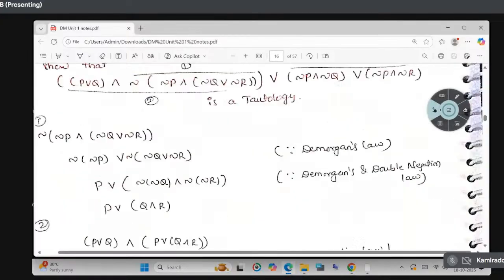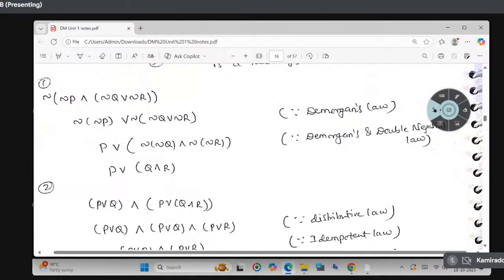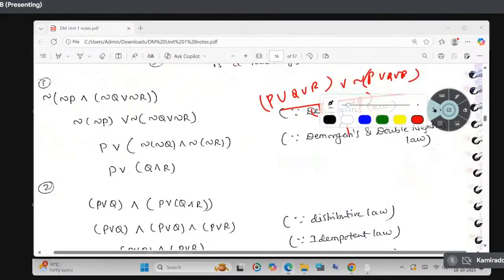Otherwise, in simple terms, how the values are changing: or will become and, and will become or. Okay, check. So here the negation I am keeping as it is. If you are trying to apply De Morgan's law, my and is becoming or, and or is becoming and.